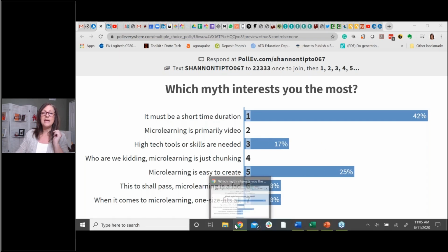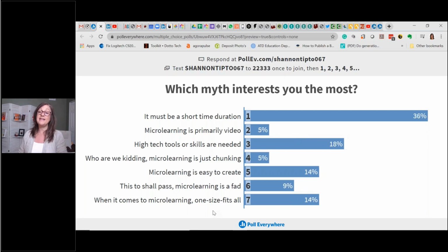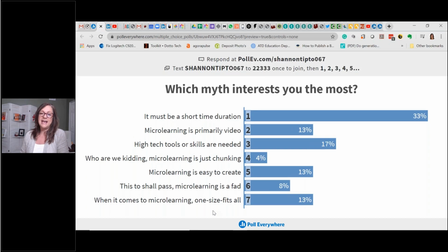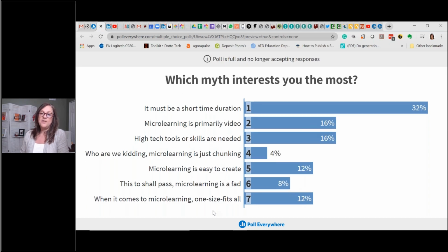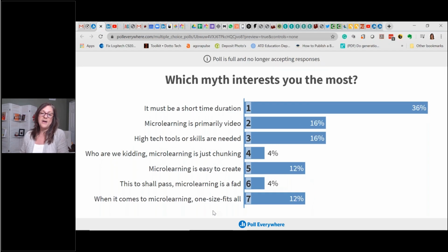Okay, so let's see here. What have we got? I see the votes coming in, and we've got a hot and heavy race here between... Oh no, it just jumped. Everybody's really curious about how much time microlearning needs to be. How long should microlearning take? And then, oh, good. The one that is always hot on my radar is microlearning is just chunking.